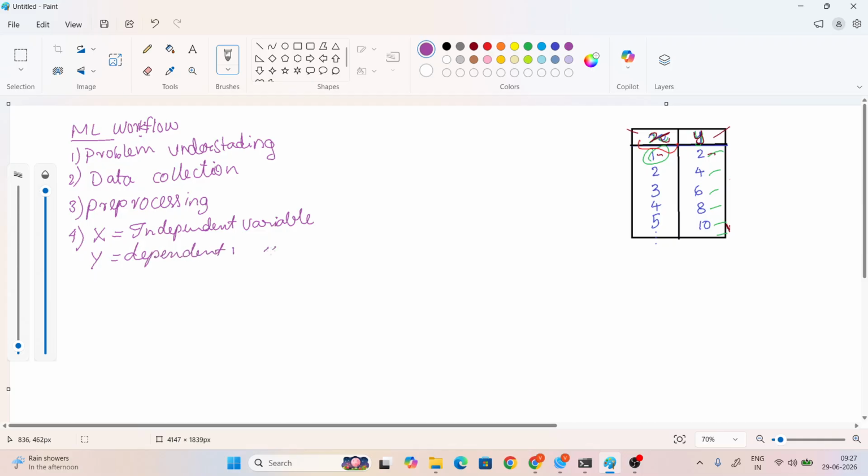Guys, you have to find the independent and dependent variable, which one is input and which one is output. The next one is train test split.